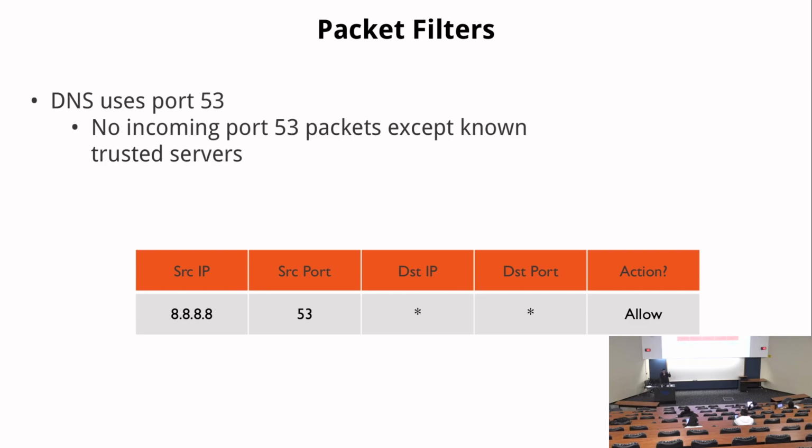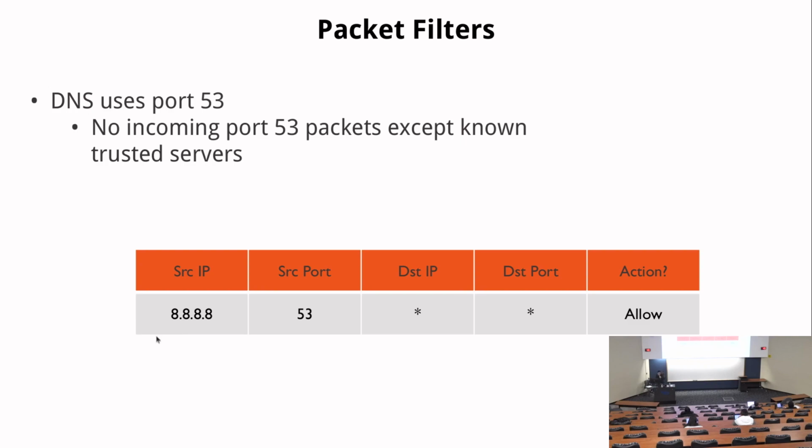Then for your home computer or your home network, you can set a policy like that. If there is a packet coming from source port number 53, then I will only accept that packet if it has a trusted IP address, for example 348. Only then will I trust this is a legit DNS reply.